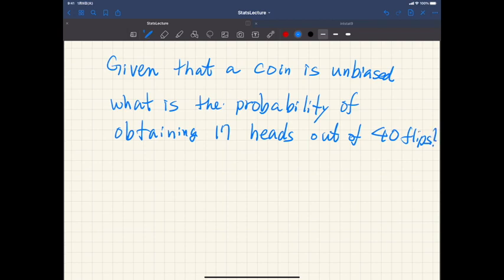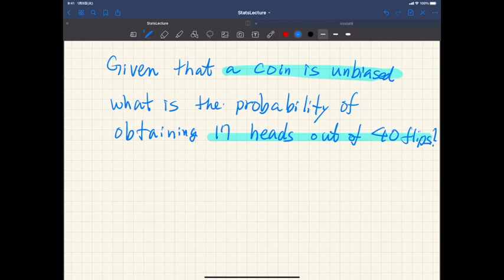Okay, so in this problem we are assuming that the coin is unbiased. Given this information, we want to calculate the probability of having 17 heads out of 40 flips.